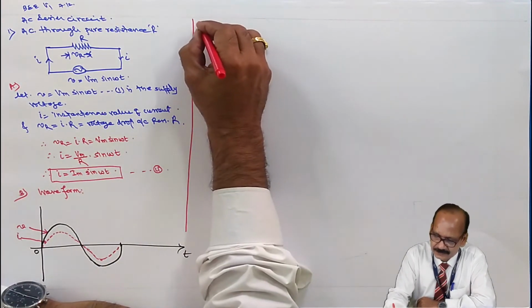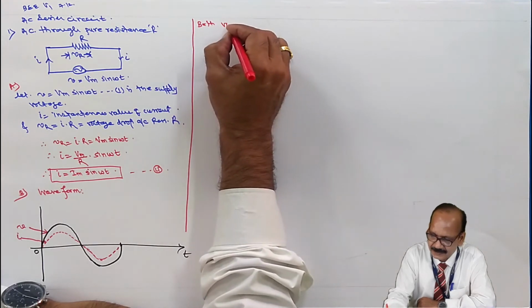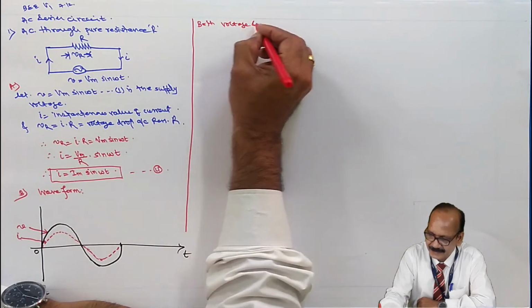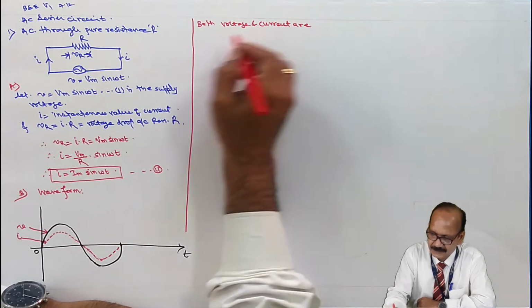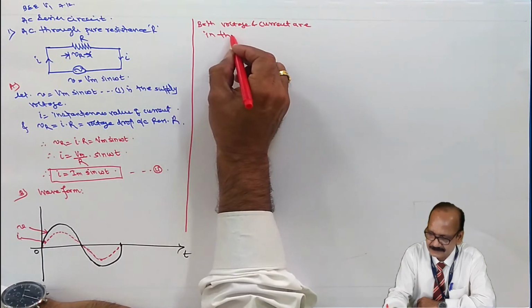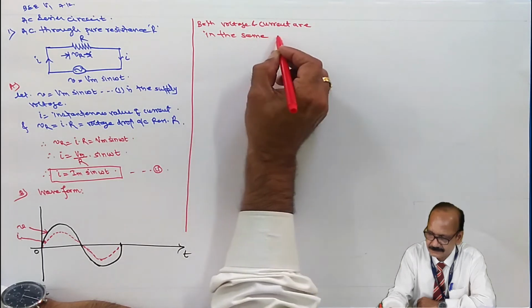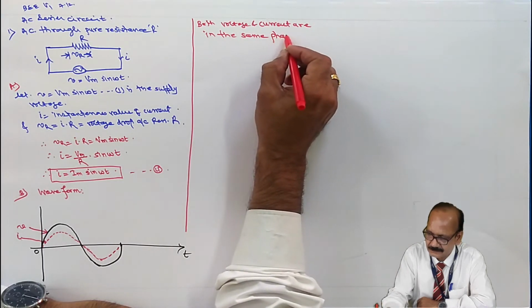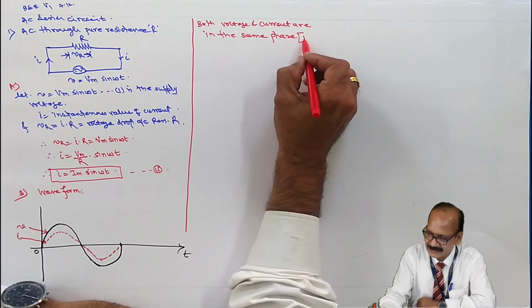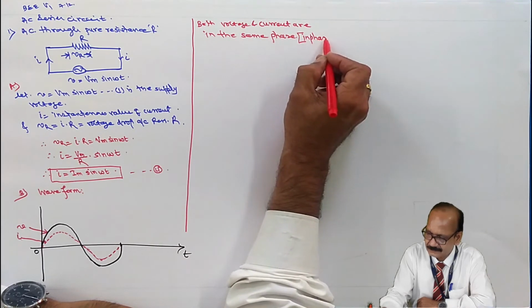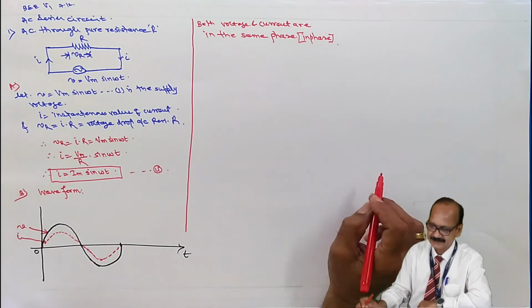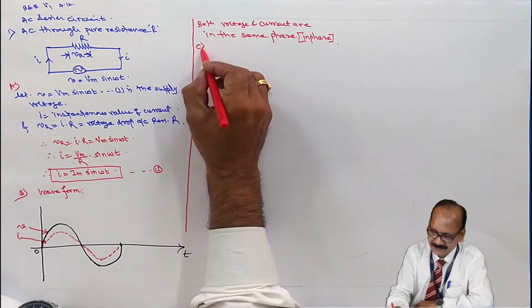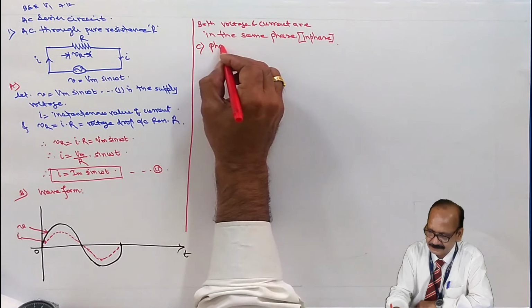So both voltage and current are in the same phase. We can say in phase. Now the C part is the phasor diagram.